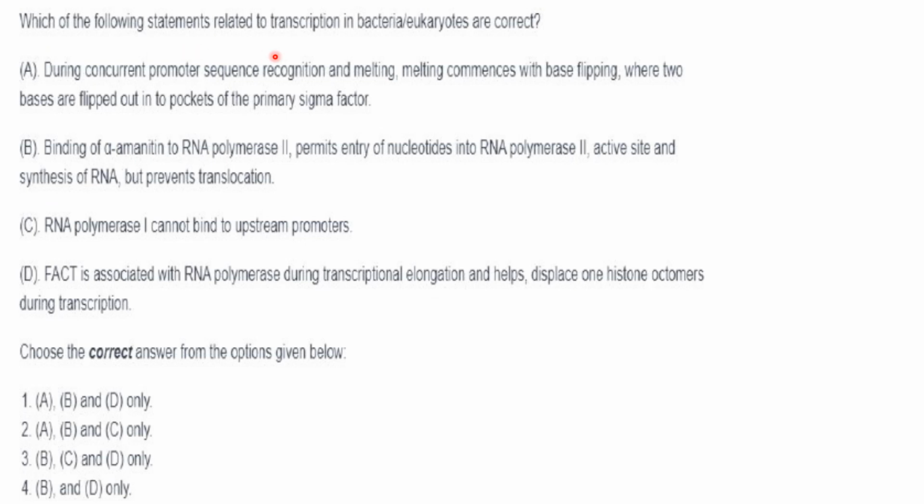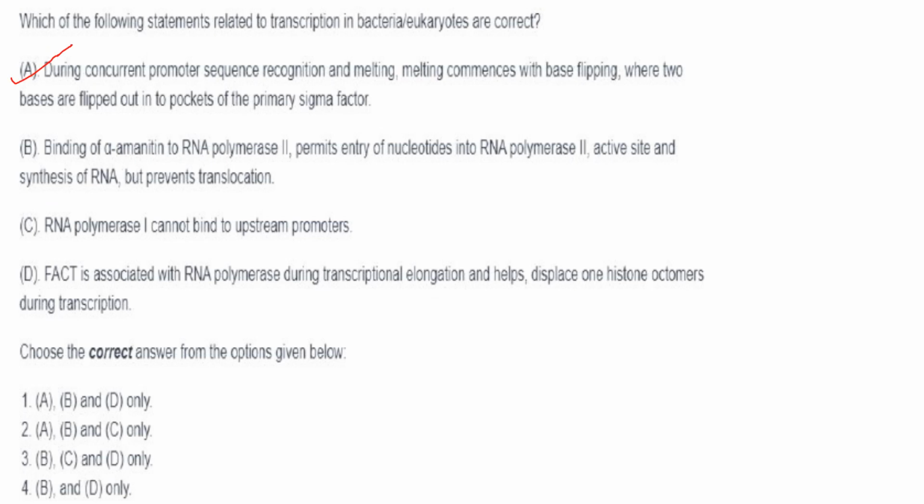Which of the following statements related to transcription in bacteria and eukaryotes are correct? During concurrent promoter sequence recognition and melting, melting commences with base flipping where two bases are flipped out into pockets of the primary sigma factor. Yes, that statement is correct. This happens during promoter recognition by the RNA polymerase sigma factor.